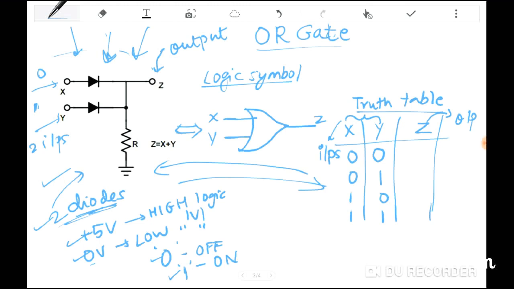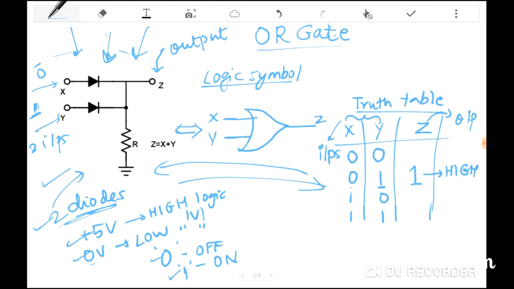That one of the inputs is high and one of the inputs is low. The working of the OR gate says that if one of the inputs is high and the other one is low, irrespective of anything, even if we have got one input as high and the other one as low, the output will be 1, or we can say the output will be high.